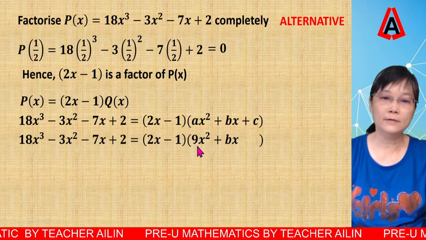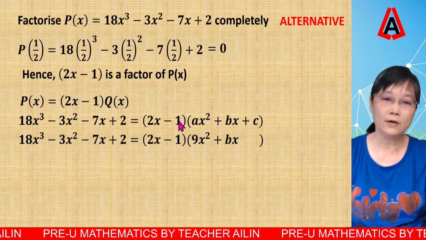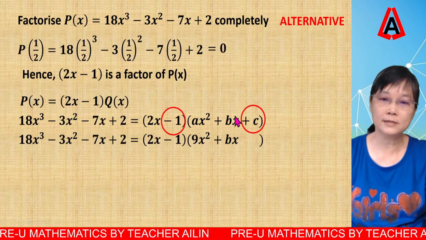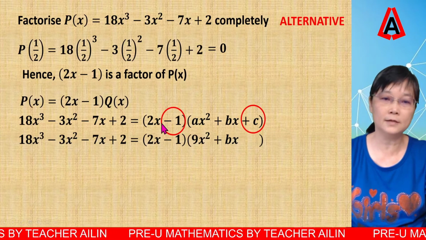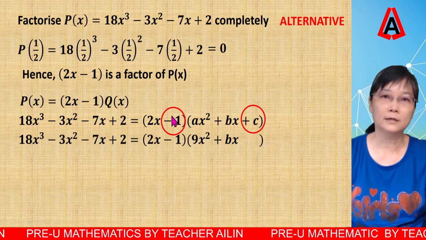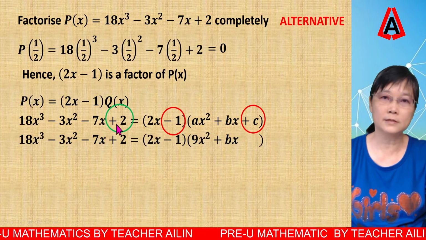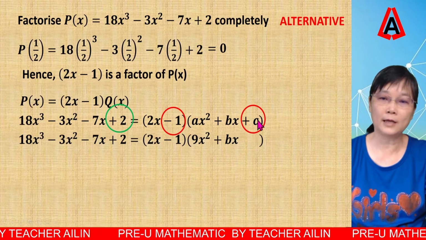Then similarly for the last term, that is the constant. So now I take the last term, that is the constant, from each of the factors here. When I multiply these two constants, the answer is the same as the constant of the polynomial. That is, negative 1 times what?